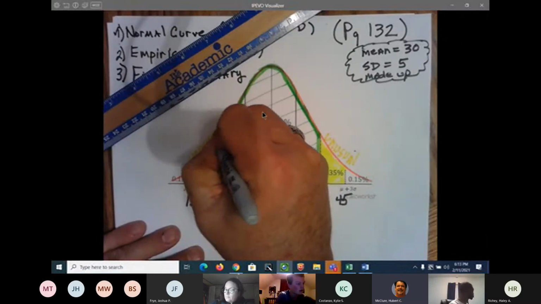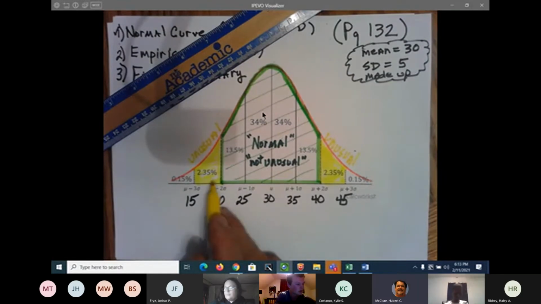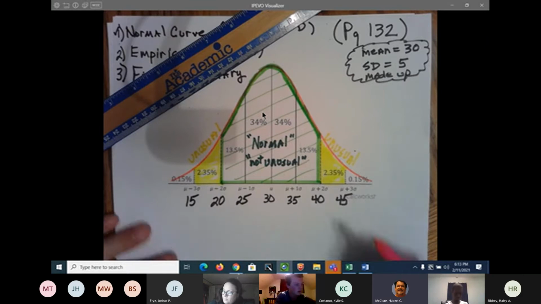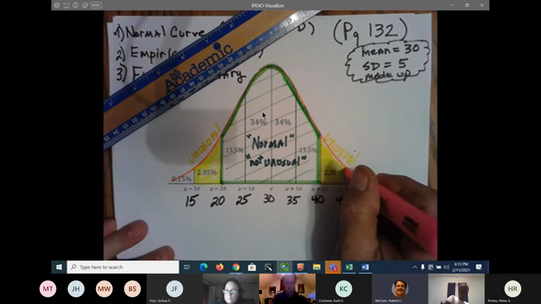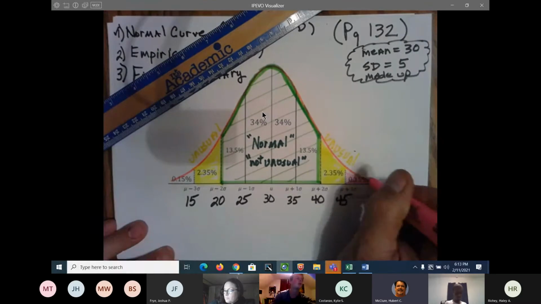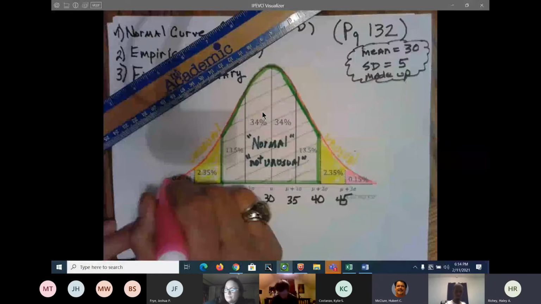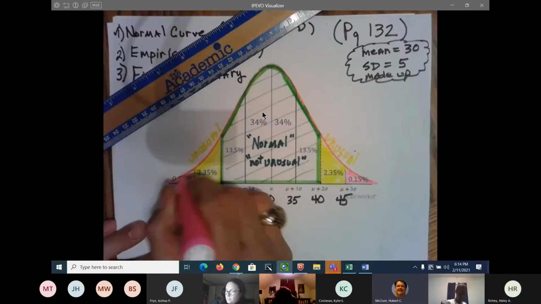Unusual. Now that's the yellow area. And then you've got the red area out here. Can somebody tell me what the red area represents? I'll give you a hint. It starts with an O.